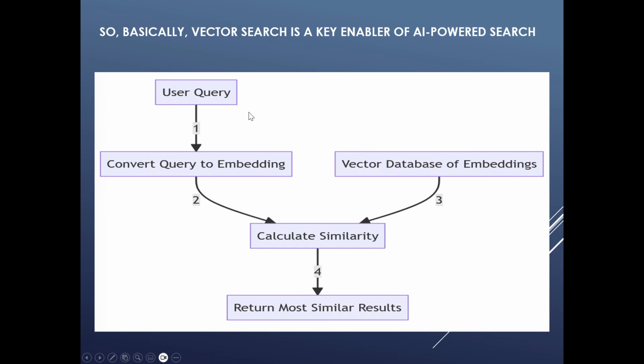No, it is not an AI, but it is a base of AI. On the basis of these numbers, the final AI-powered search will be powered. So a vector is a key enabler of AI-powered search, and it doesn't generate or interpret embeddings. That's done by the AI models themselves.